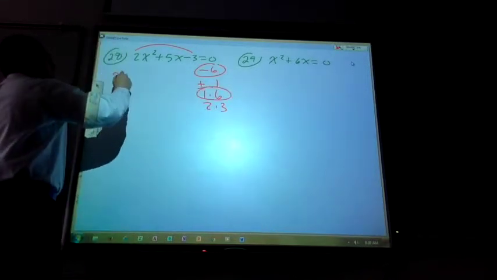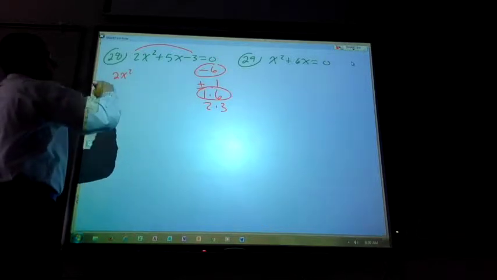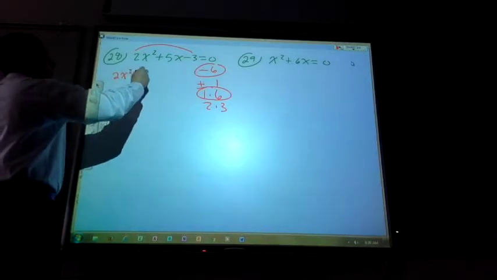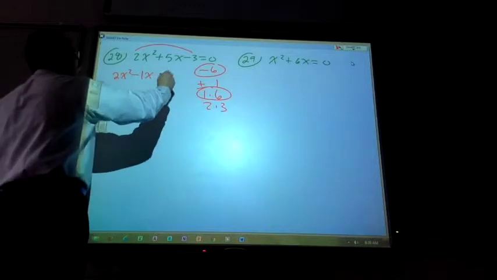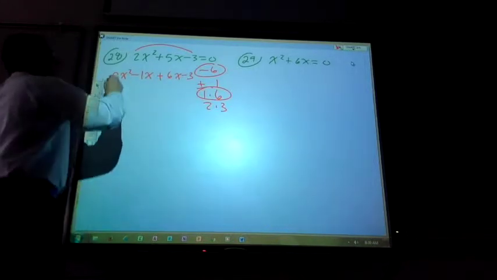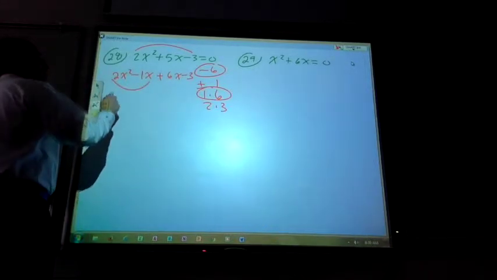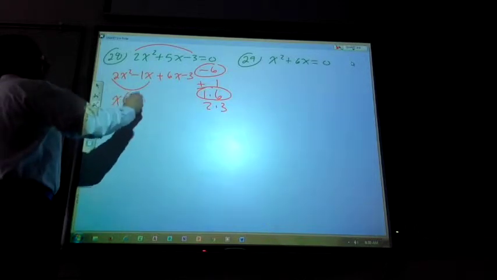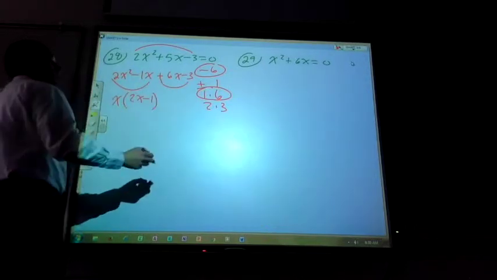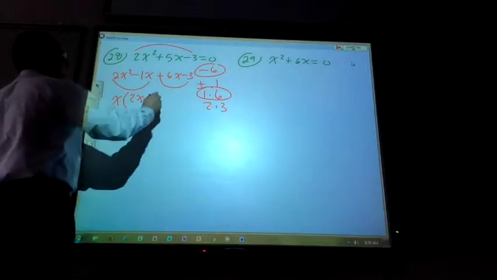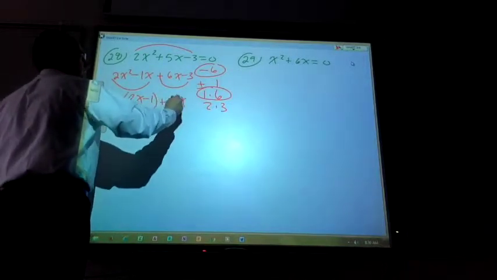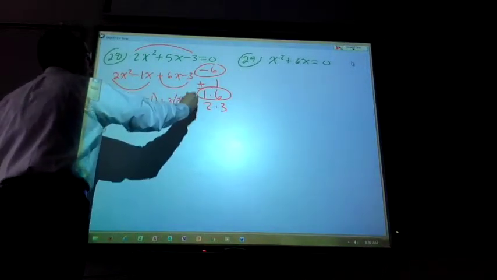So I'm going to get 2x squared, let's see, minus 1x plus 6x minus 3. Is that right? Yeah. Okay, what's my greatest common factor there? X. That leaves me 2x minus 1. What about here? 3. It's a positive 3, and I get 2x minus 1.